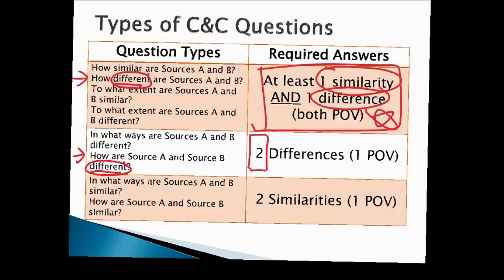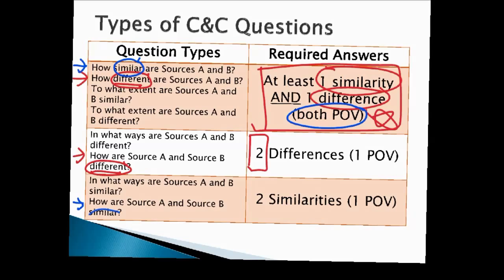Okay, the last type is in what ways are sources A and B similar or how are sources A and B similar? So again, this one here is different from this one. So when similar appears as the second word, you need to give both points of view.